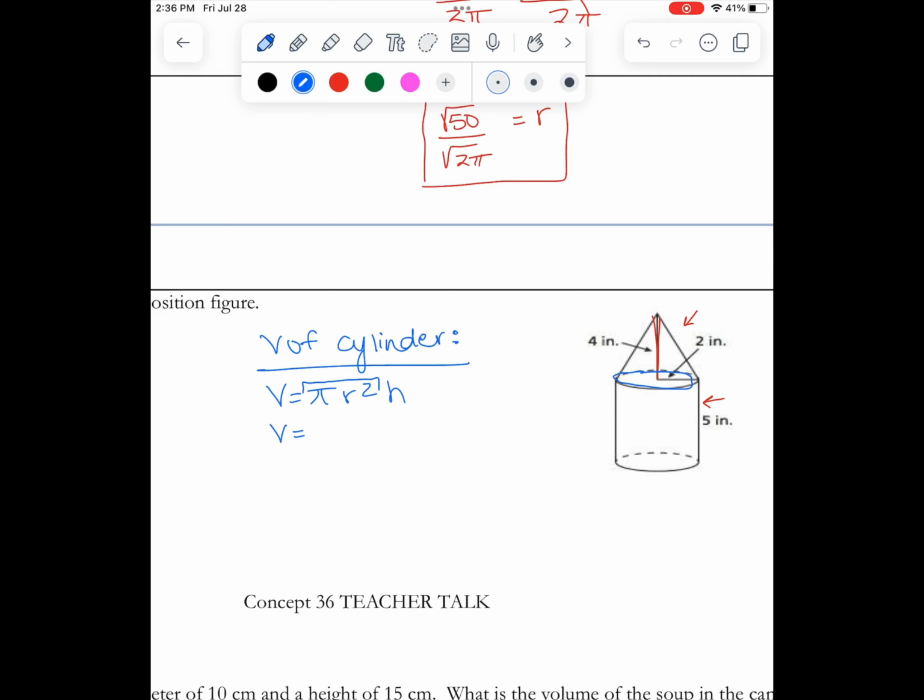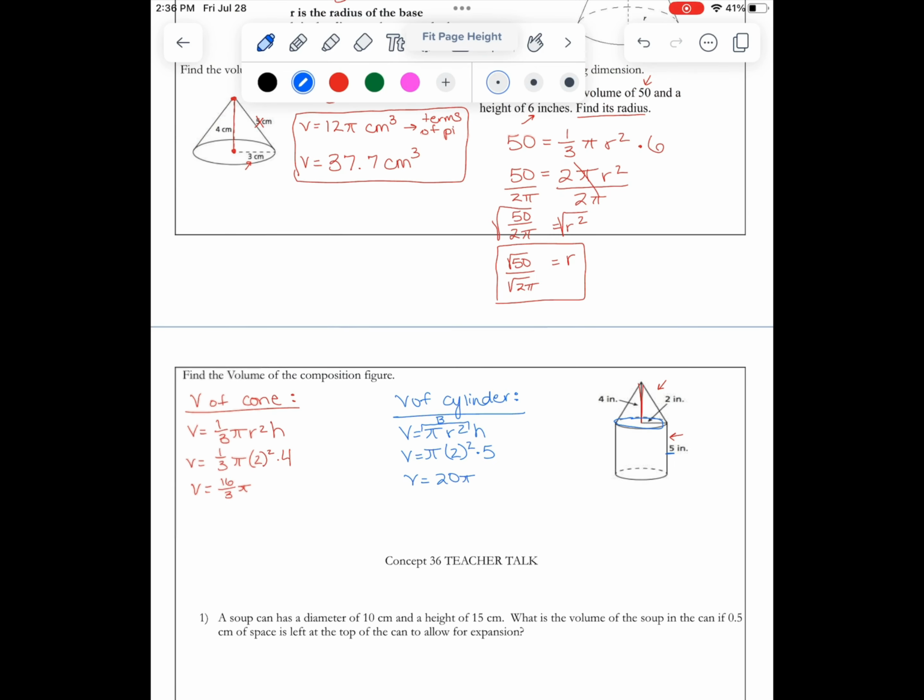So essentially, pi r squared is my big B, because my base is a circle, and the formula for area of a circle is pi r squared. So my radius of my base is 2, pi times 2 squared, times the height of my entire cylinder is 5 inches. So that means the volume of my cylinder, in terms of pi, is 20 pi.